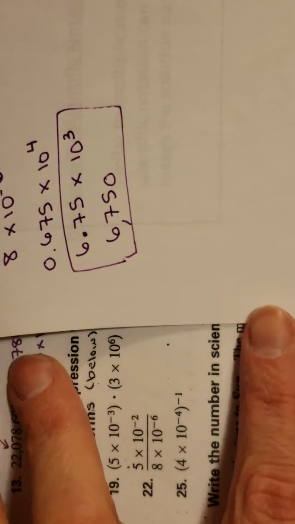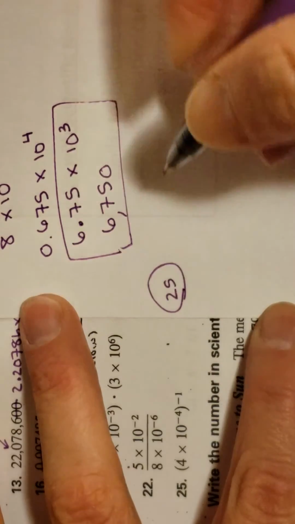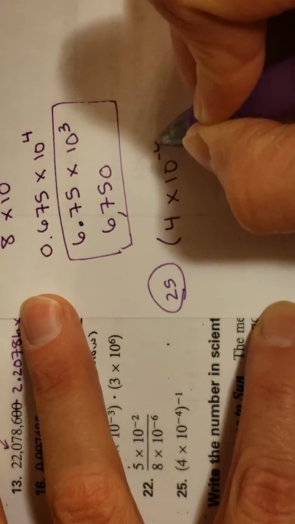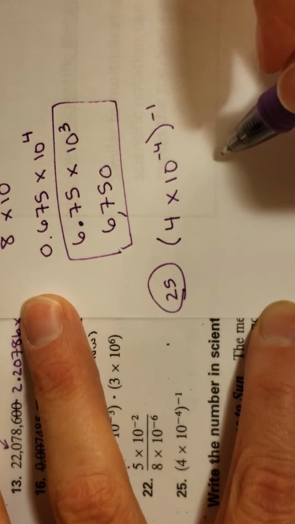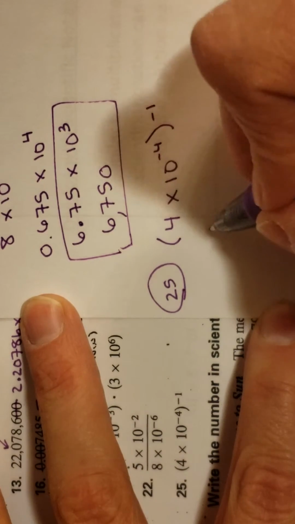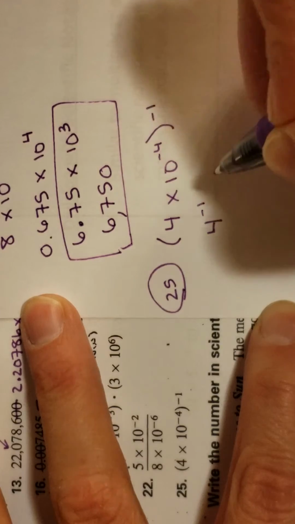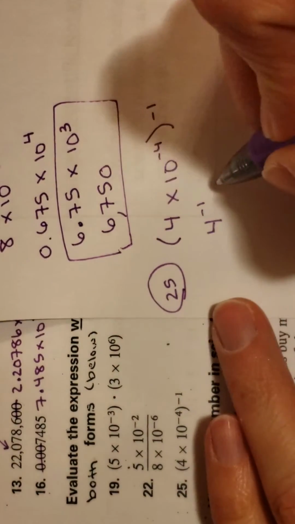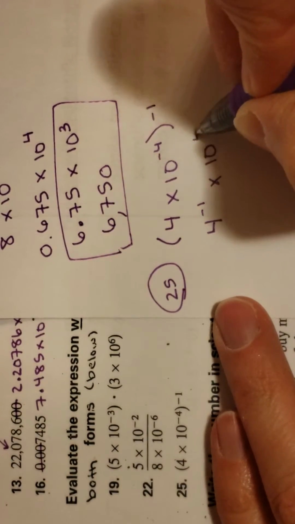Okay, lastly, 25. 4 times 10 to the negative 4th, negative 1st. Okay, what that means is 4 to the negative 1st times 10 to the negative 1 times negative 4 is 4.